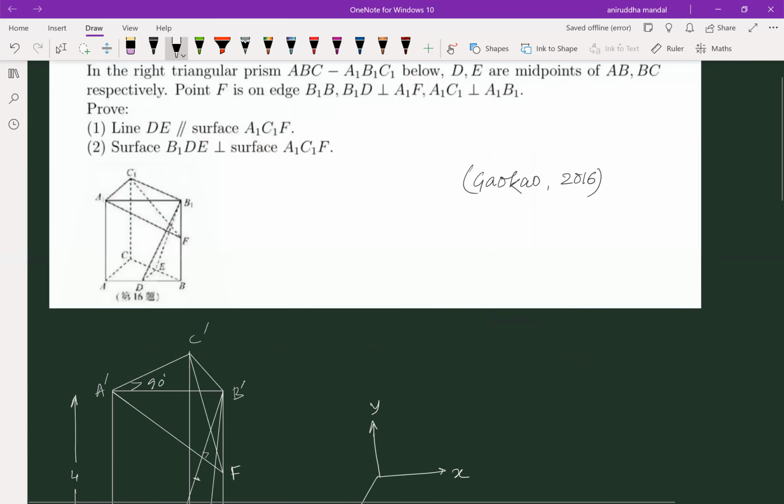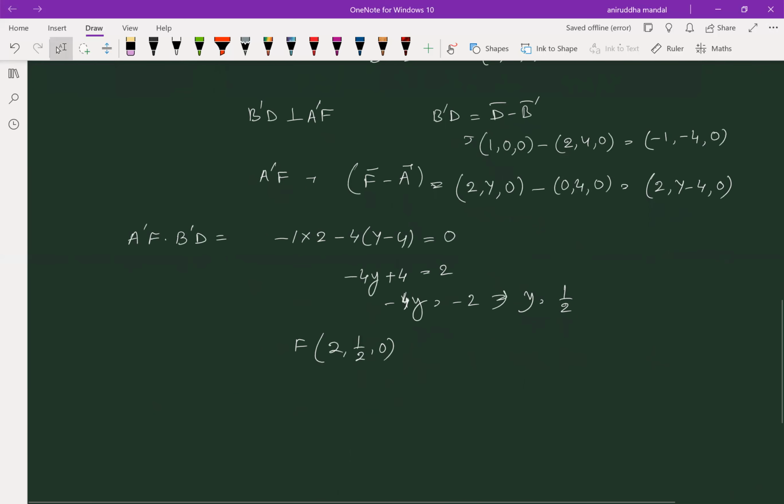Now the surface a1 c1 f, so the normal vector is, let's assume there are two vectors on this surface, a dash f and a dash c dash.